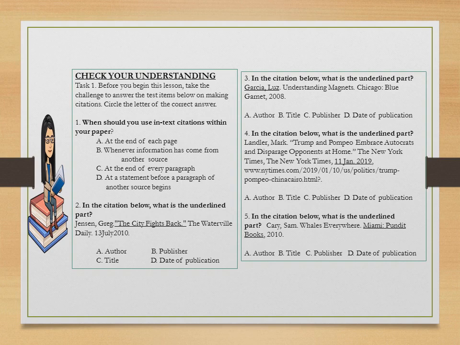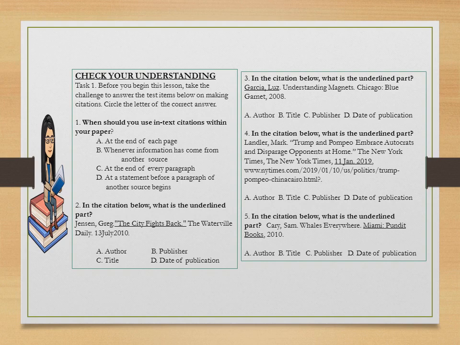Second, in the citation below, what is the underlined part? A. Author. B. Title. C. Publisher. D. Date of publication. Third, in the citation below, what is the underlined part? A. Author. B. Title. C. Publisher. D. Date of publication.